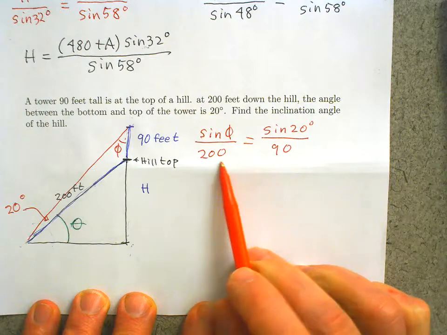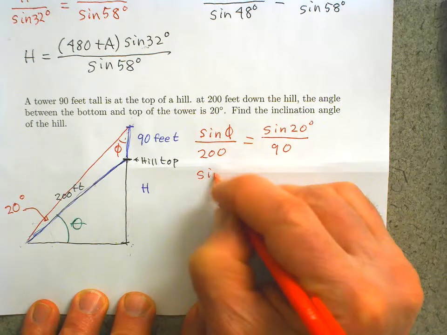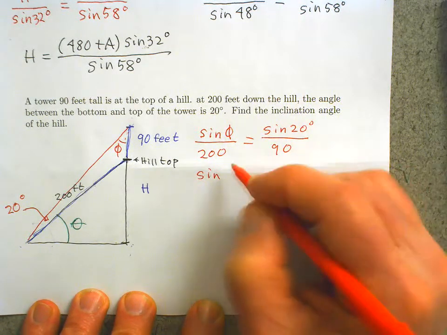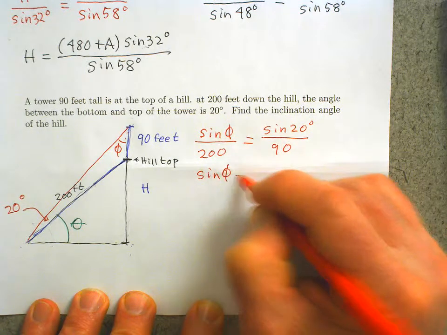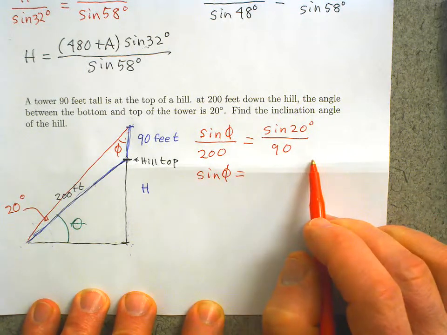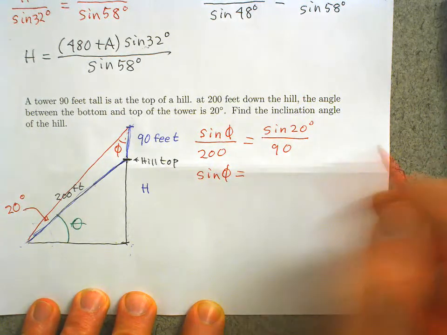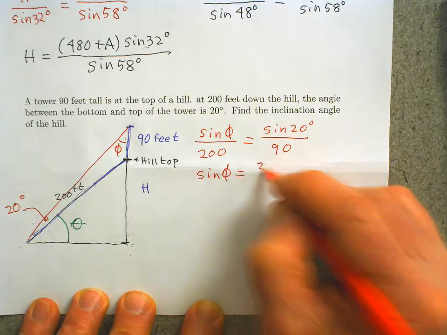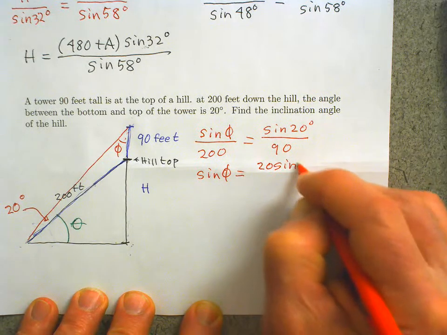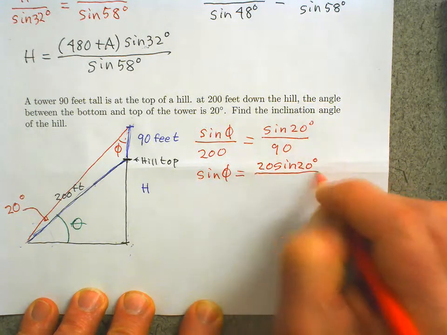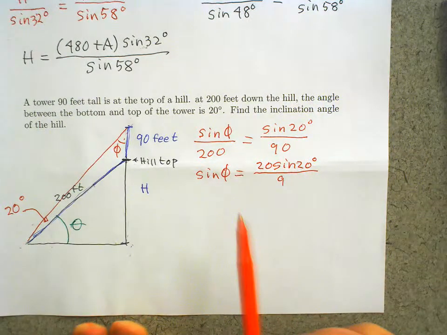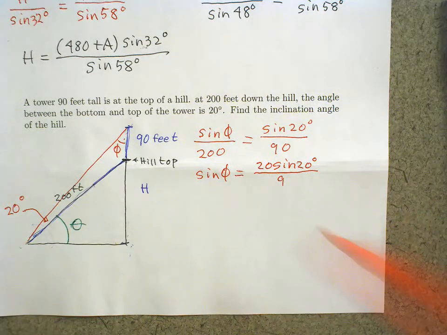So we can use this to find the angle phi. Multiply both sides by 200 and reduce it a little bit. We get 20 times sine of 20 degrees over 9. I just reduced the fraction 200 over 90 to 20 over 9.